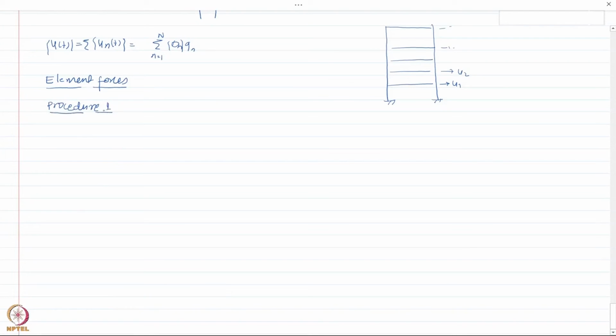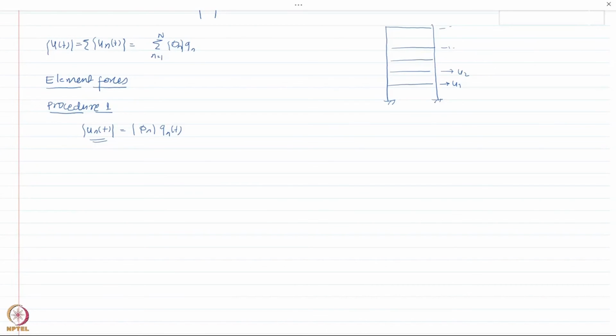In the first procedure, we find out the contribution of the nth mode to the total displacement, u n t. Using this, once we find out q n t and multiply it with the mode shape, if we know the relationship between the displacement and the internal forces, we can utilize those relationships to find out internal forces.